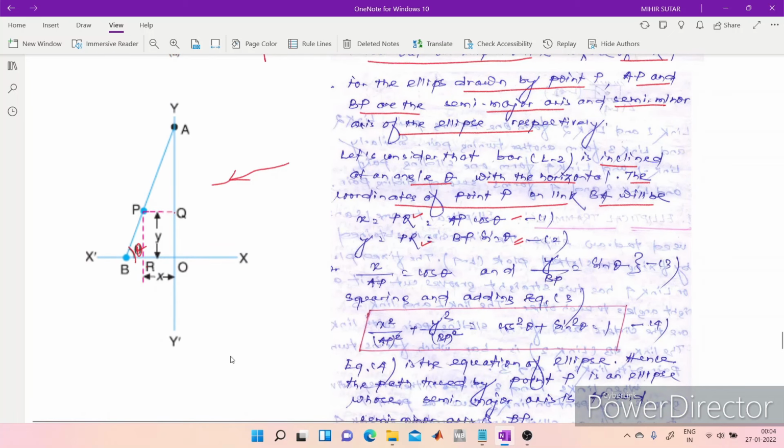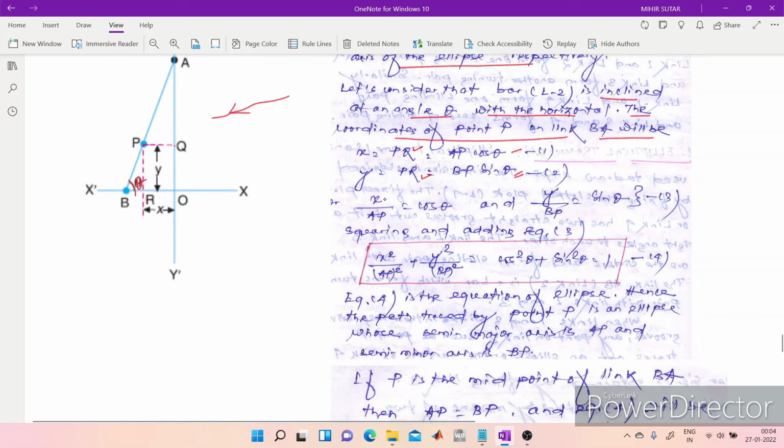Or you can express this as x by AP equal to cos theta, y by BP equal to sin theta. Squaring and adding, in equation 3, we will have x square by AP square plus y square by BP square equal to cos square theta plus sin square theta, which is equal to 1. Let us say this is our equation 4. This equation 4 is the equation of an ellipse.